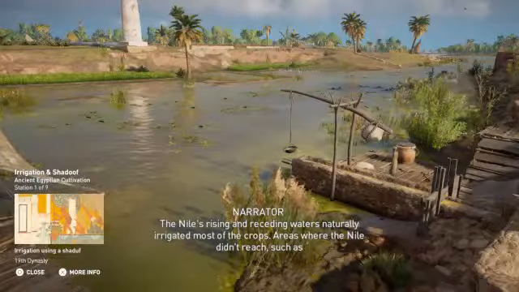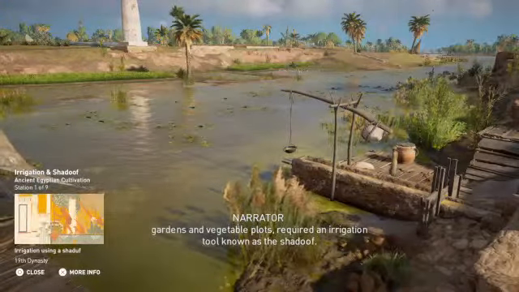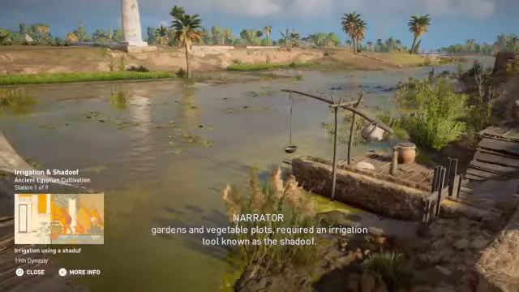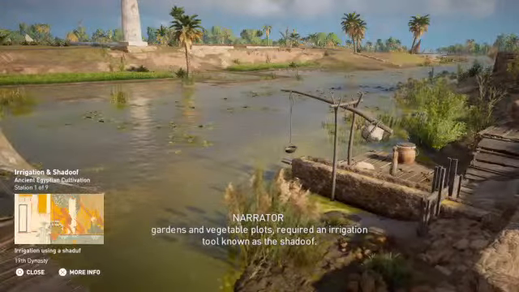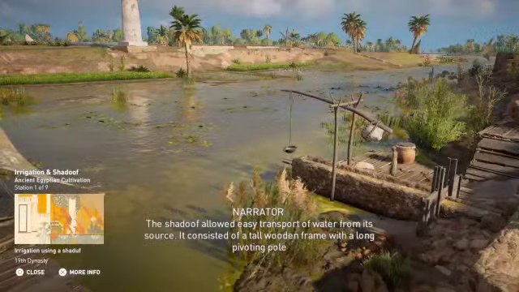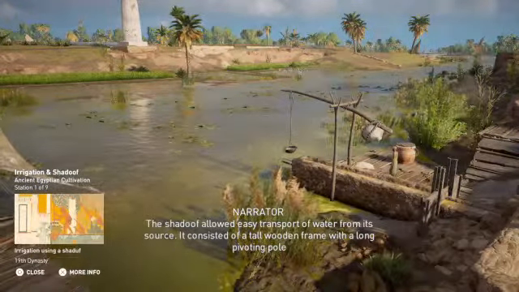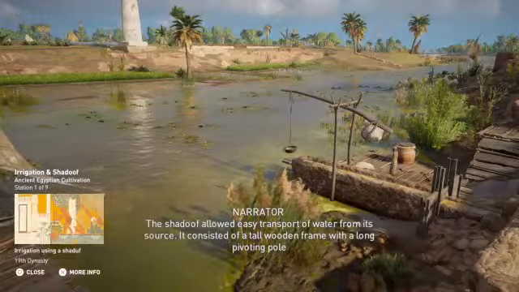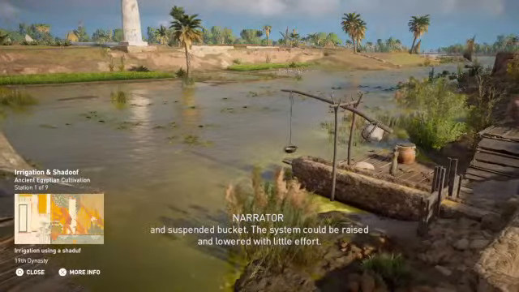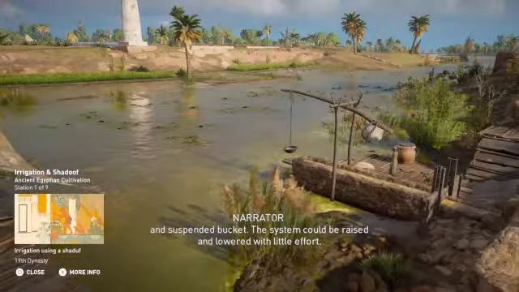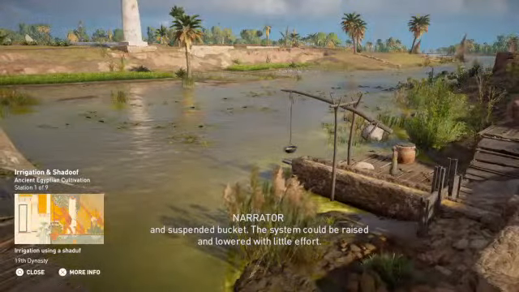Areas where the Nile didn't reach, such as gardens and vegetable plots, required an irrigation tool known as the shadoof. The shadoof allowed easy transport of water from its source. It consisted of a tall wooden frame with a long pivoting pole and suspended bucket. The system could be raised and lowered with little effort.